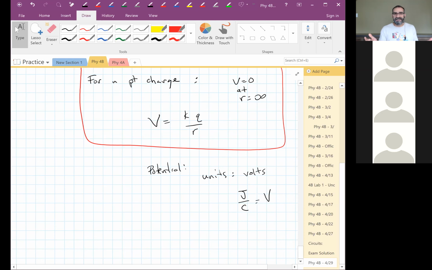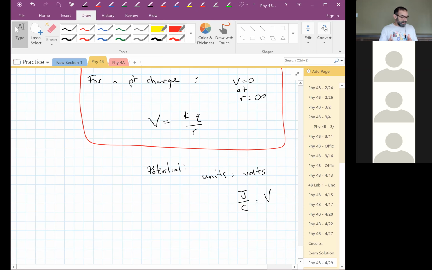But everybody does it, so just get used to it. You'll never win that battle. It's maybe a little confusing at first when you hear the term voltage and electric potential, but those two terms mean the same thing. Voltage sounds cool.